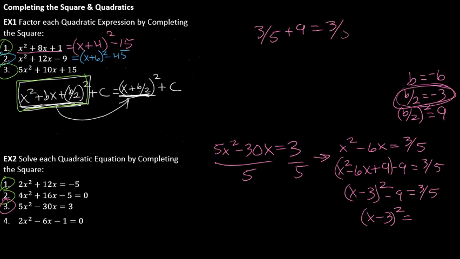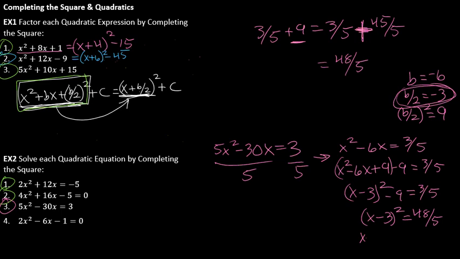That's going to be 3 over 5 plus 45 over 5, because that's equal to 9. And we're going to get 48 over 5. Okay, take the square root of both sides.